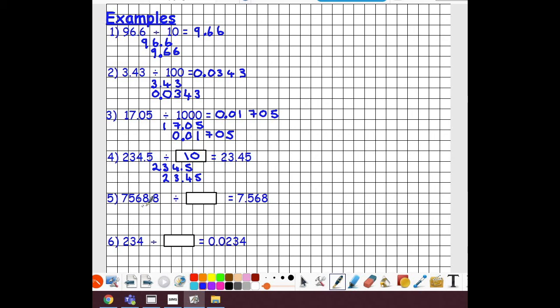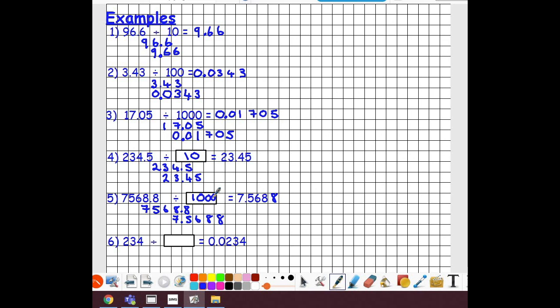Looking at the next one here, 7,568.8 is our starting point, and we end up with 7.5688. We can see the 7 has moved 1, 2, 3 places. The 5, 1, 2, 3 places, and the same then with the other digits. Oh, sorry, we're missing an 8 there and there as well. So our answer is 1,000. We've divided it by 1,000 to get our answer.